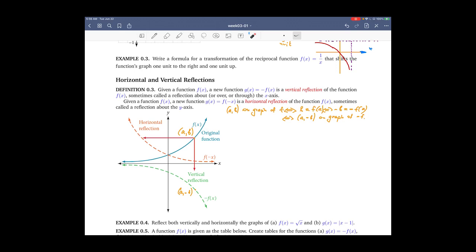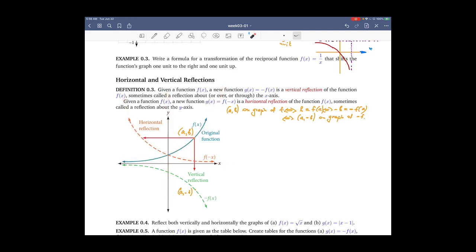Now let's talk about a horizontal reflection. Horizontal reflections occur when you introduce a minus in front of the variable. More precisely, when you replace x by negative x inside the function. That will result in your graph reflecting symmetrically about the vertical axis.